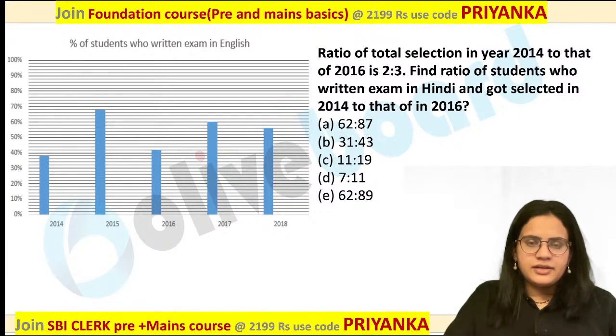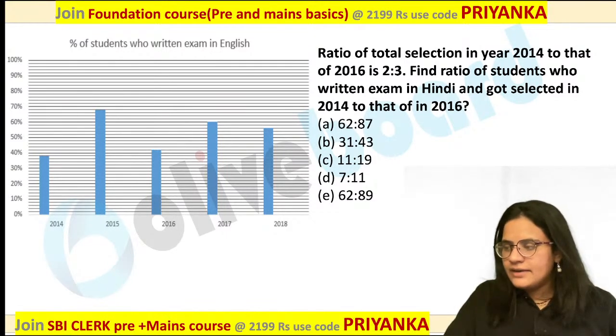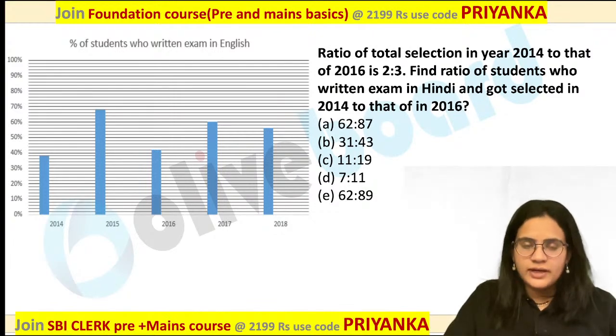Okay, can you just read the question over here? Let me see how many of you are getting the answer for this particular question. 62 is to 87. Okay, 62 is to 87. What about others? Anyone else getting the answer over here?